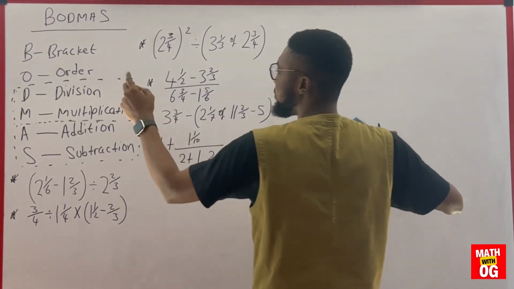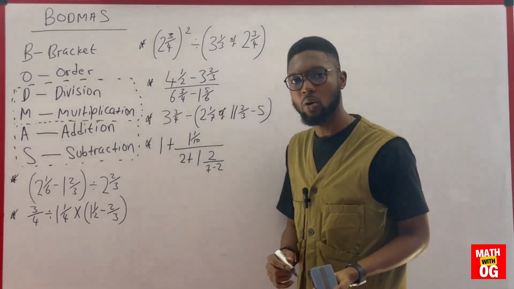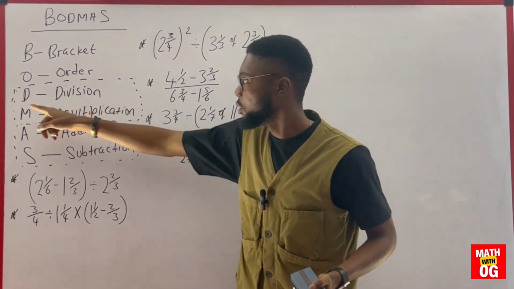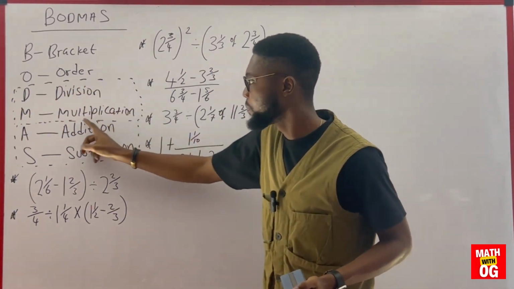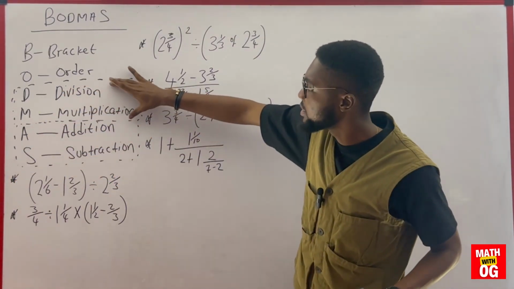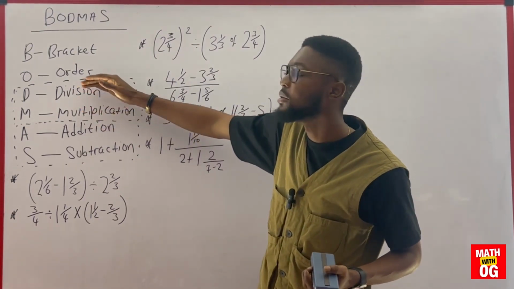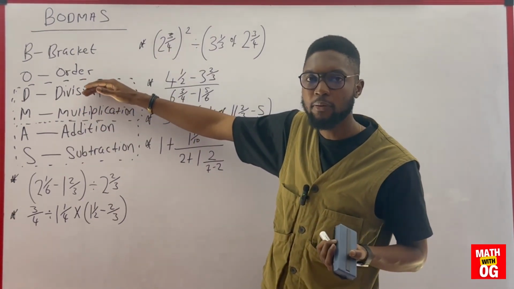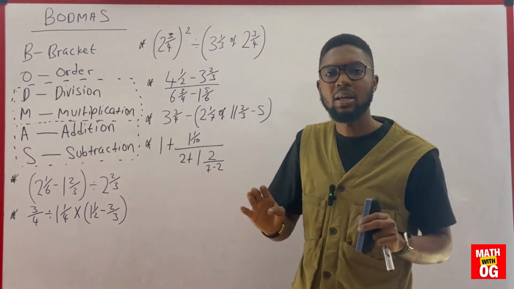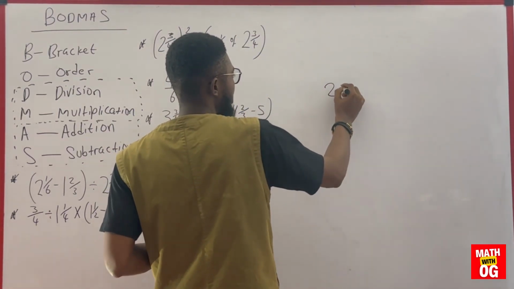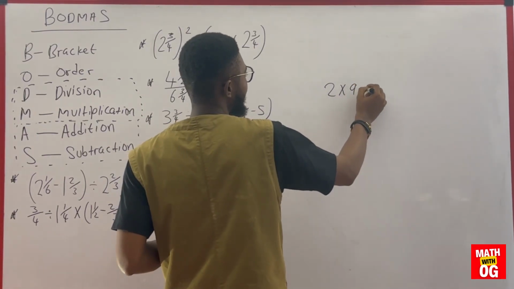So after you solve bracket, the next thing you should solve is order. After order, you have division and multiplication. You can see that I enclose these, meaning that you can solve these guys simultaneously. You can do multiplication before division, and you can also do division before multiplication. You will get exactly the same answer. 2 multiplied by 9 divided by 3.